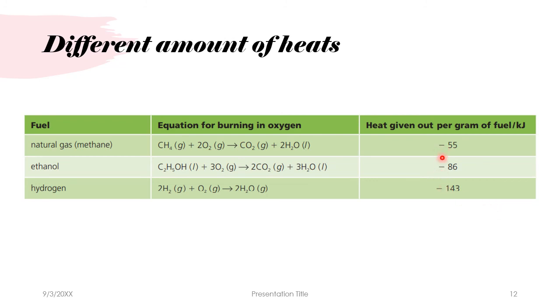Negative sign here means it is exothermic reaction, exo release heat energy. The greater the amount of heat energy released, the better the fuel. So between the 3 kat sini antara yang terbaik, fuel yang terbaik adalah hydrogen.